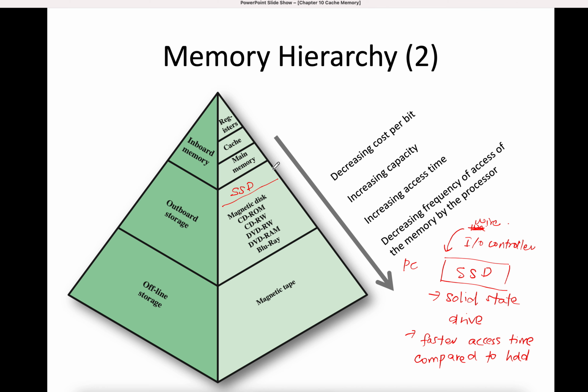But it still has a higher capacity compared to main memory. Considering that it is faster and more expensive than hard disk, but has to be connected to the motherboard using an I/O controller, it is still located at the outboard storage of the hierarchy, but above the magnetic disk.